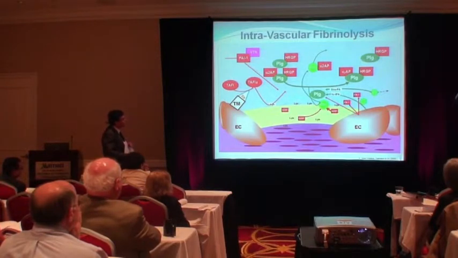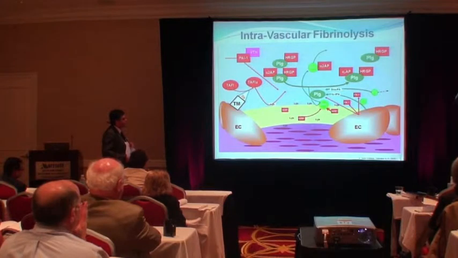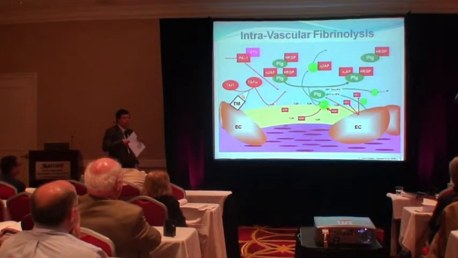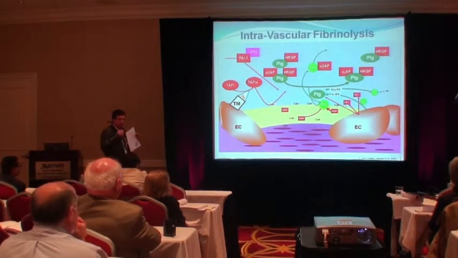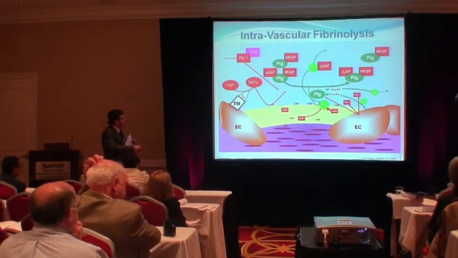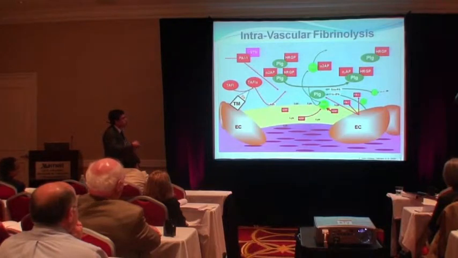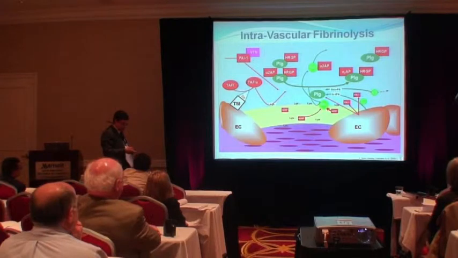And then with time, all the alpha-2 antiplasmin, which is in a limiting concentration relative to that of plasminogen, at a 2 times lower concentration, on the fibrin clot will be consumed, and then more lysine residues will be exposed, which can bind plasminogen, and then the process can start. And this explains why there is this delayed process for fibrinolysis.